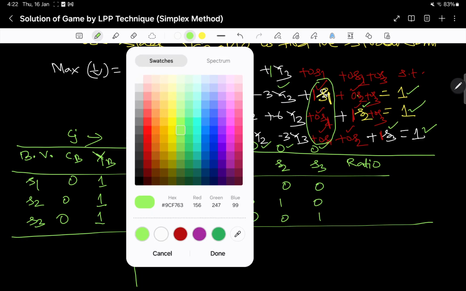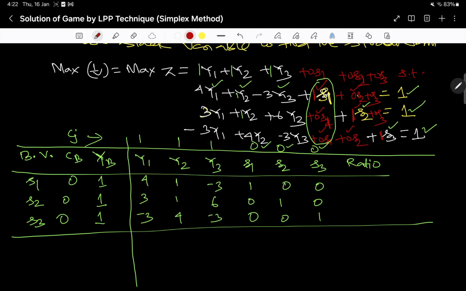Mark it carefully: I am saying s1 is identity, so the s1 intersection point is 1 and the rest is 0. Similarly s2 is identity and the rest is 0, and similarly for s3.